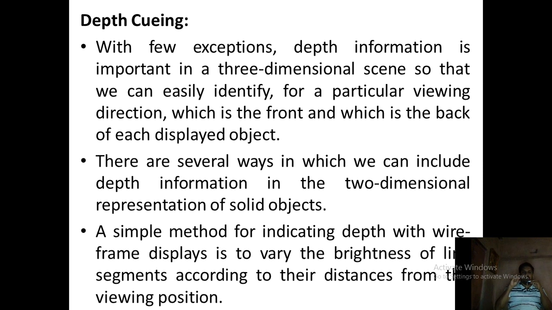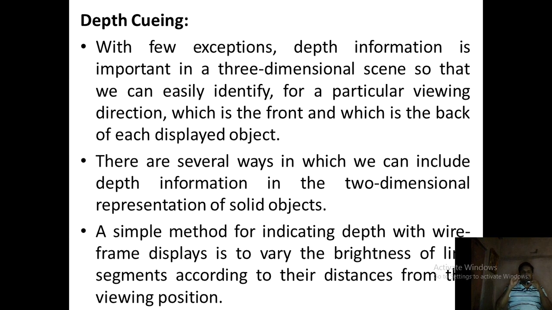A simple method for indicating depth with wireframe models or solid objects. For displaying objects, you can use a wireframe model, or you can display a realistic object, right? That depends on which type of object you want to draw. Suppose you are using a wireframe model for displaying your object.